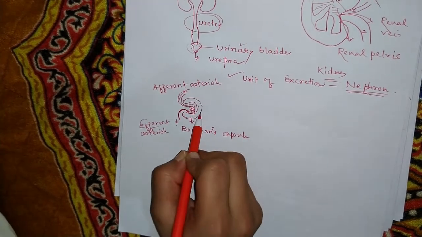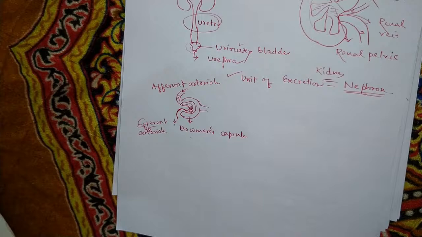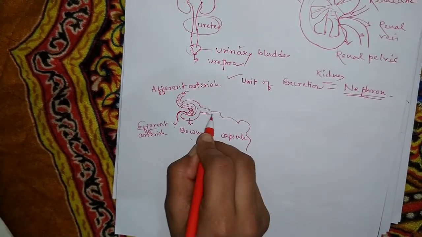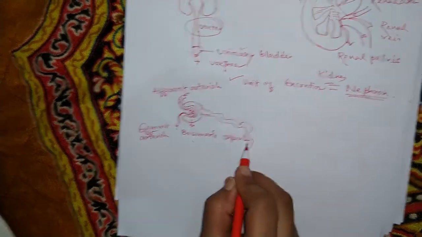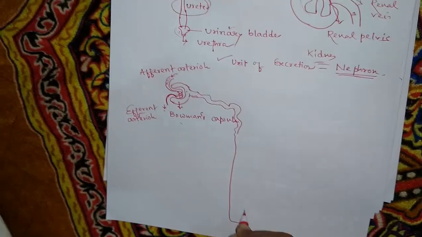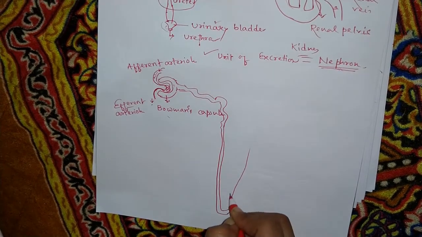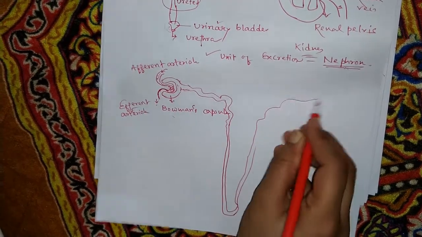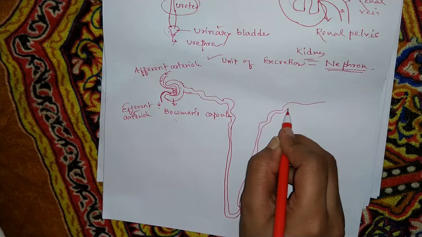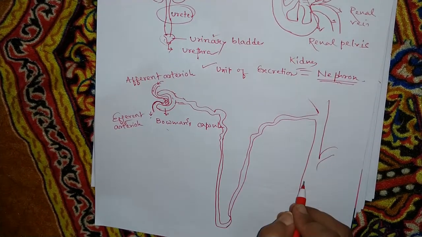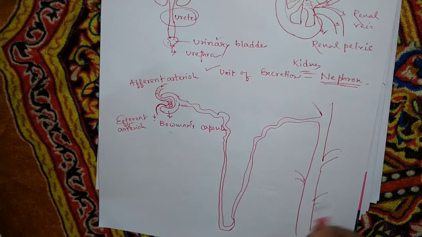From the Bowman's capsule, it has a few parts. First is the proximal convoluted tubule. Then it has Henle's loop. Then it has the distal convoluted tubule, and then the collecting duct.